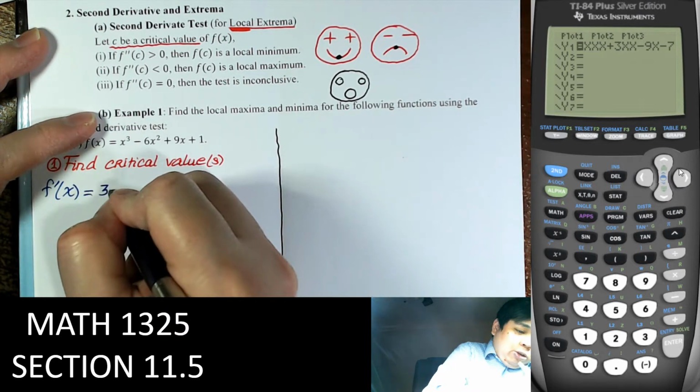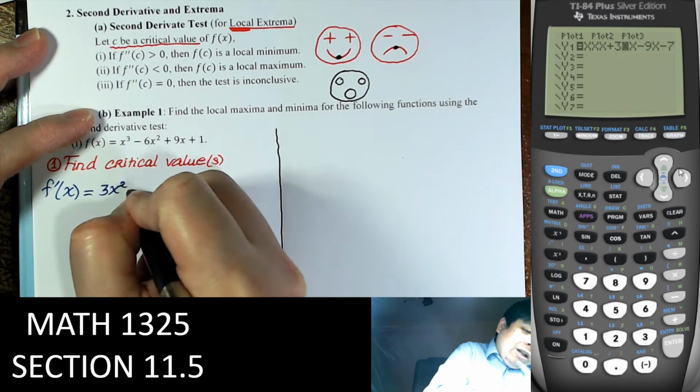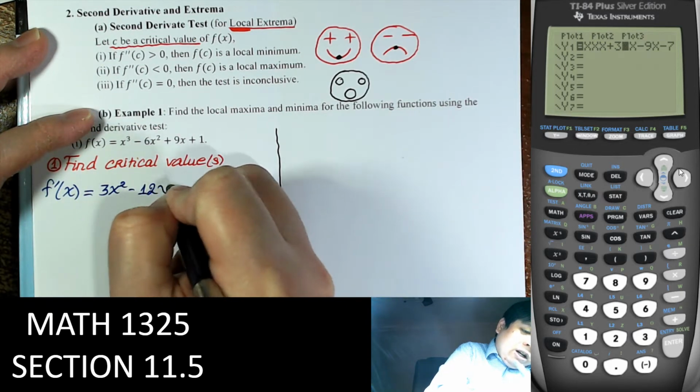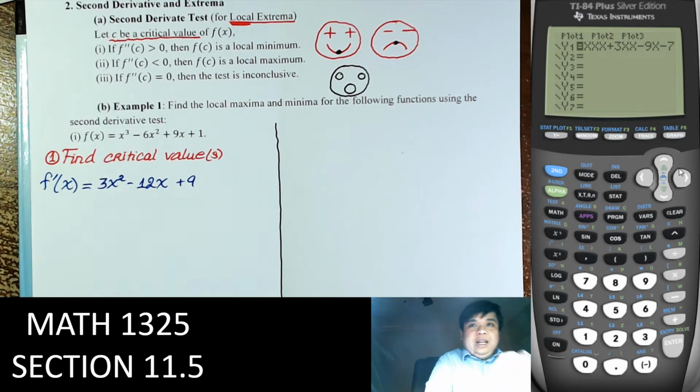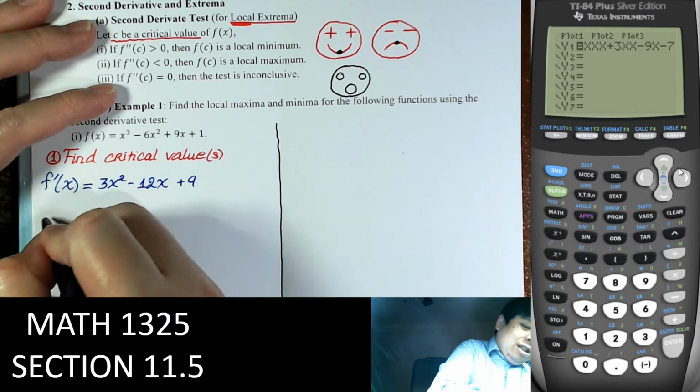Okay, 3x squared minus 12x plus 9. Right, critical values are where it equals 0 or does not exist.